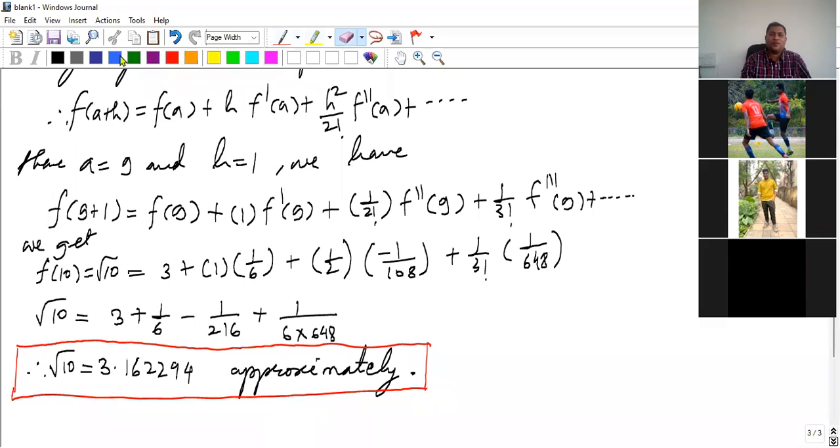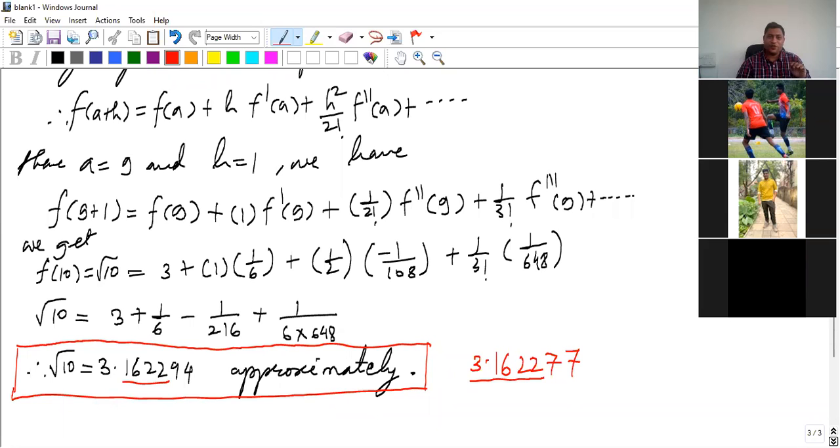On the calculator it is 3.162277. Yes. So 3.162277. So you can see this is correct up to 4 digits. Okay, this is what we want to show exactly, that we have calculated correct up to 4 digits. So the error is in the fifth digit.